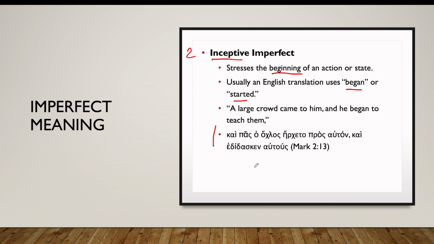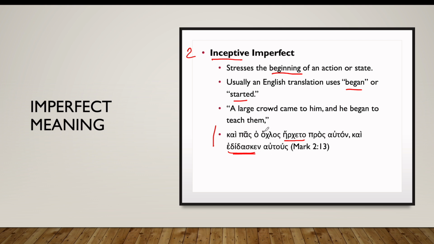Kai pas ho ochlos ercheto pros auton, kai edidasken autous. Okay, so there are kind of two imperfects here. There is this one, which is a middle-only verb, but this is the one that is the inceptive imperfect, okay?